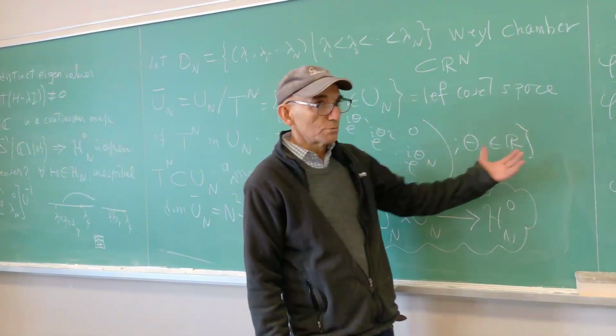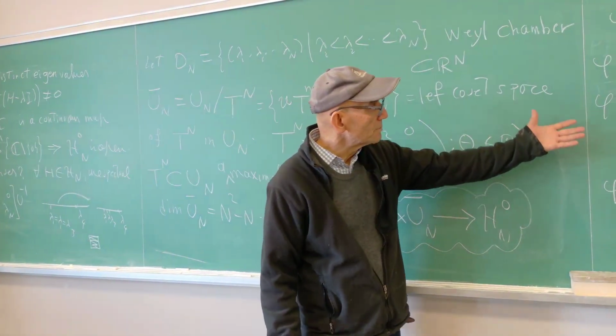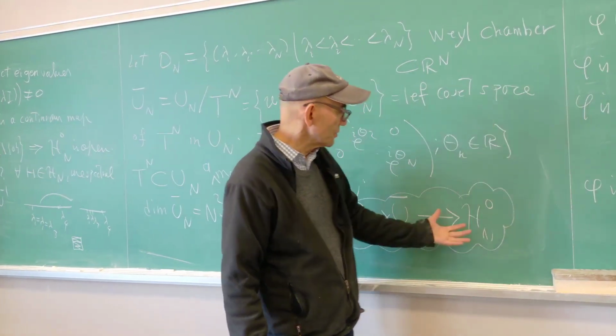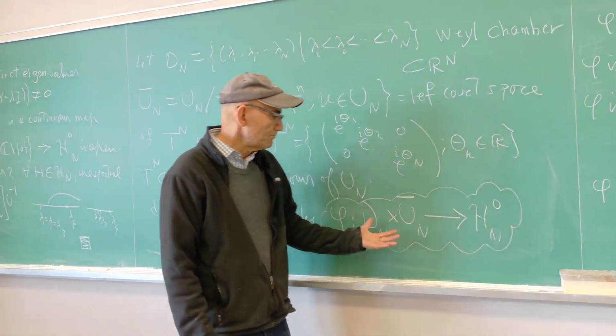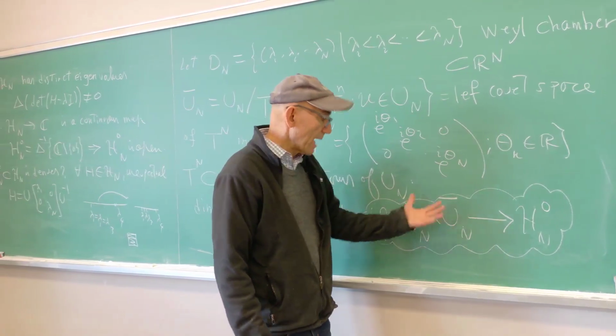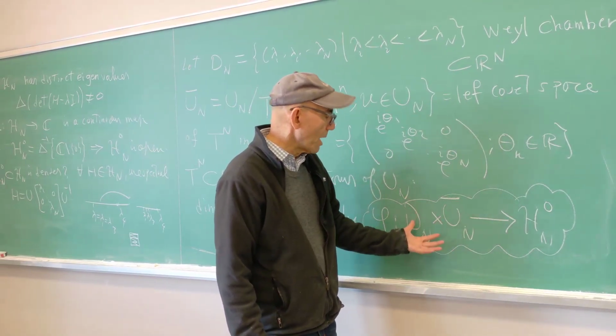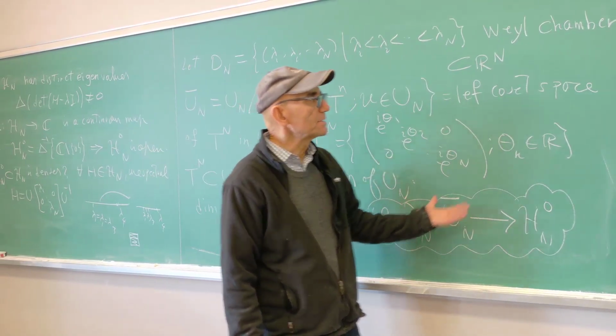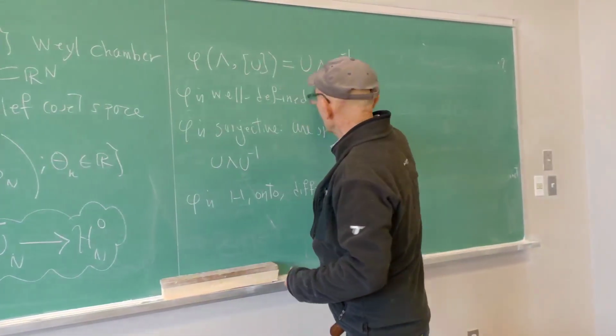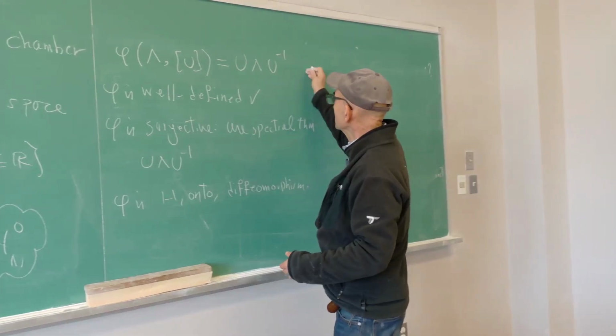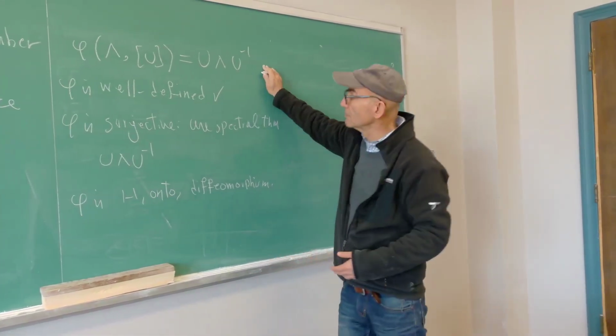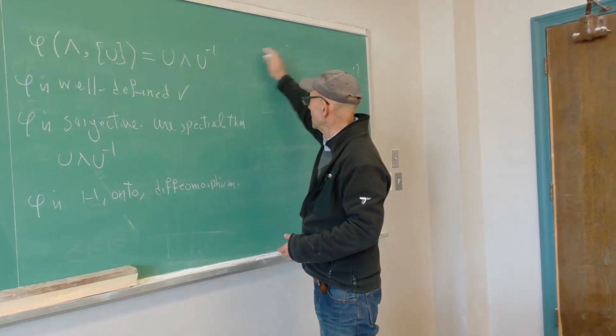Again, let me go back to this surjectivity and actually injectivity at the same time. How would you get these matrices U and lambda so that U lambda U inverse is actually equal to a given H?